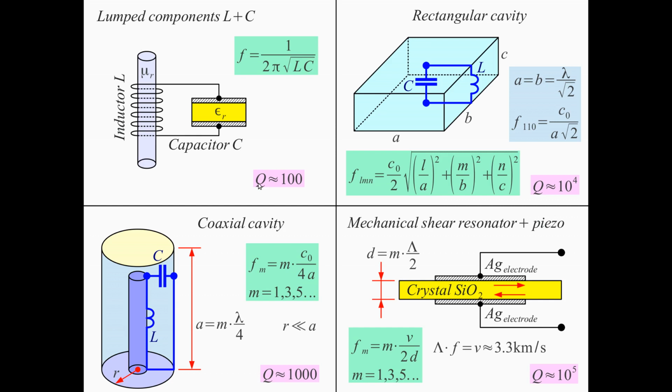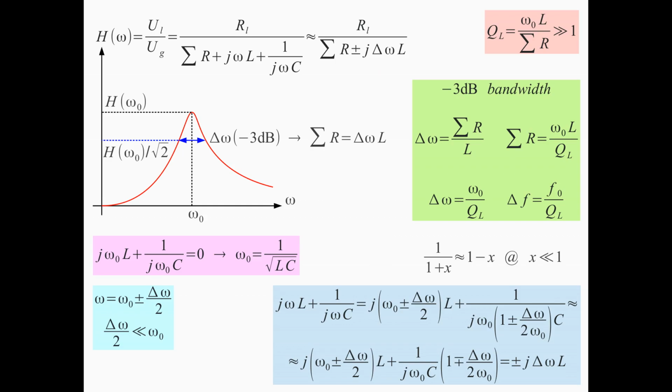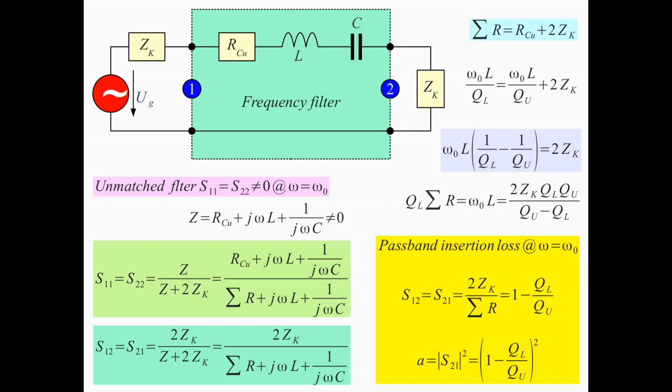More complicated radio receivers need coaxial cavities, need rectangular cavities, and I may even need piezoelectric resonators to filter some signals, when the requirement for the Q unloaded is very high, to have some reasonable insertion loss, not having my signal vanish.